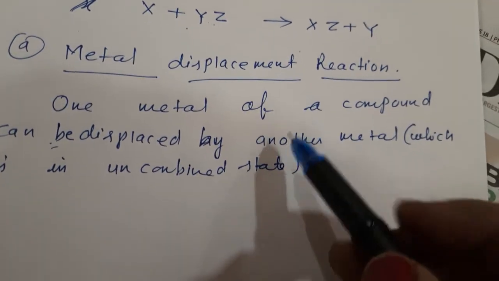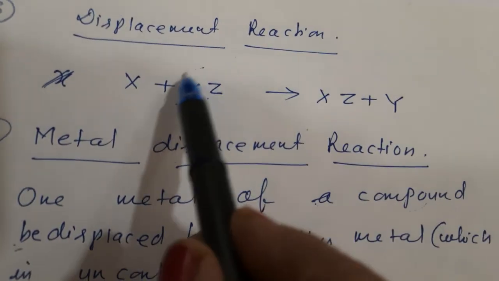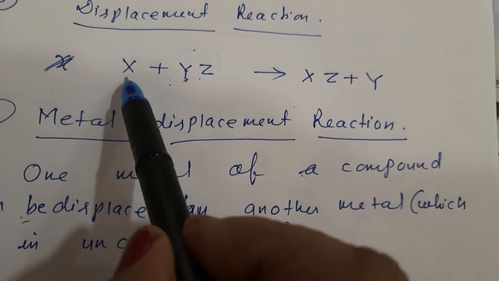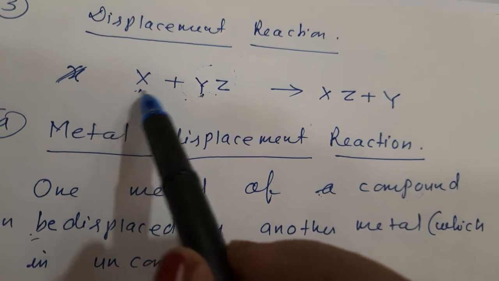You understood this? A metal from a compound can be displaced by another metal which is in uncombined state.